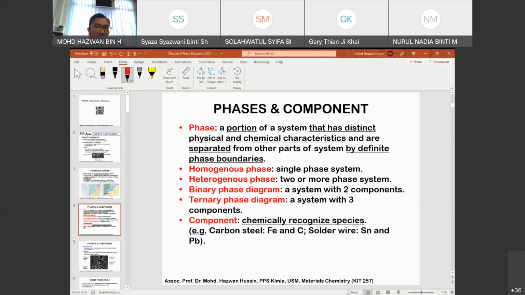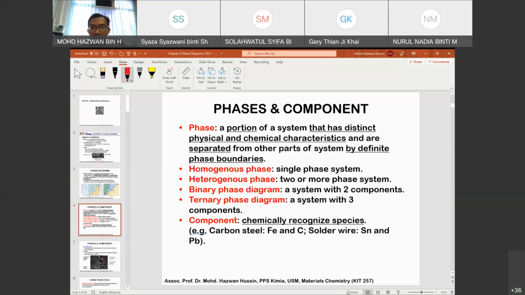And for a single phase system, we normally refer to it as a homogeneous phase. For a system of two or more phases, we call it a heterogeneous phase. If you have two components, meaning that you produce an alloy, for example carbon steel, you have iron and also carbon.